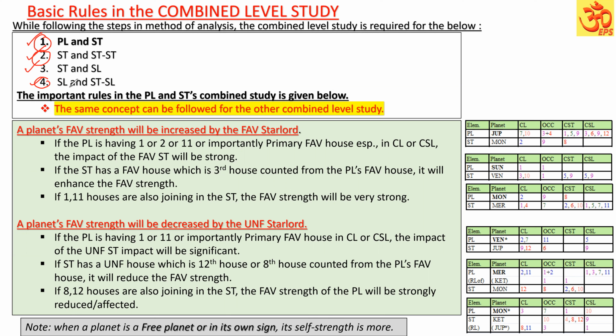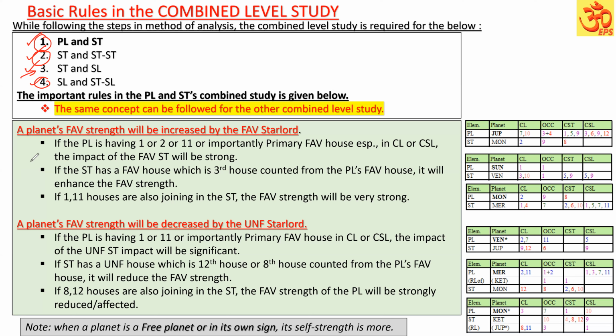This sublord is also a planet, and what it is getting through its star lord of the sublord. These 3 combinations are dealing with a planet and its nakshatra lord. Only the third one is star lord and the sublord: the combination or combined level impact between the nakshatra lord and the sublord of a planet.